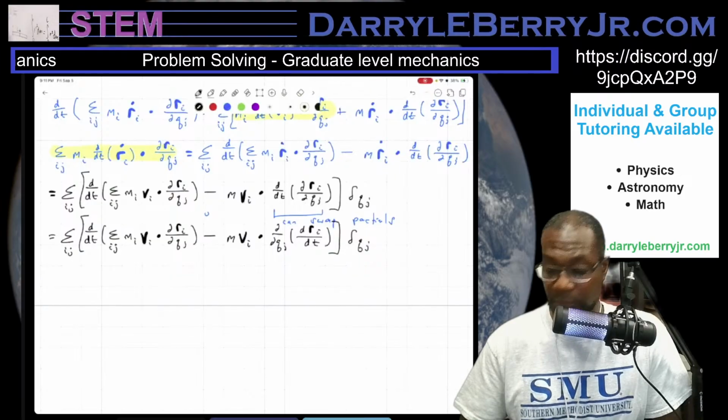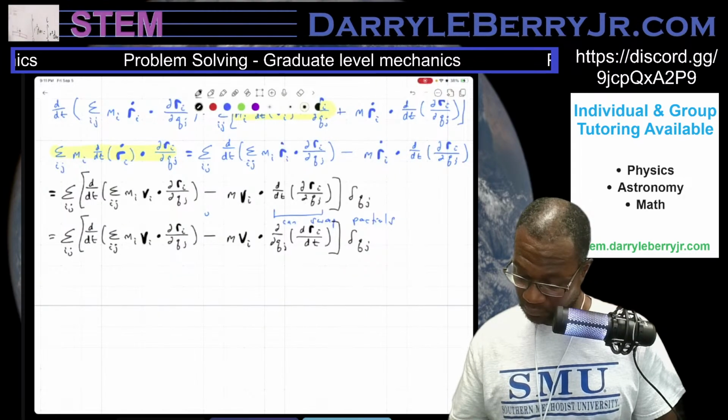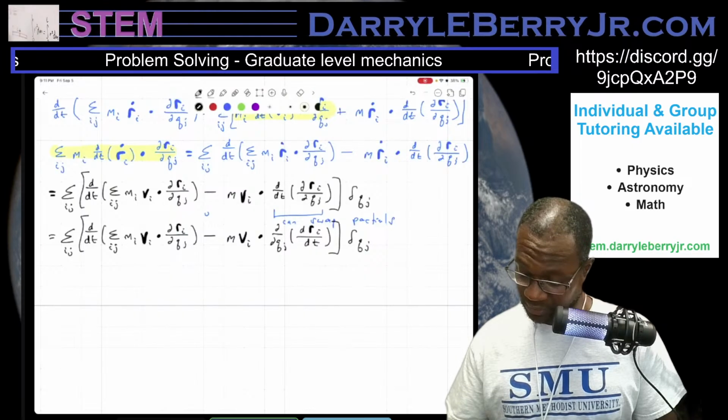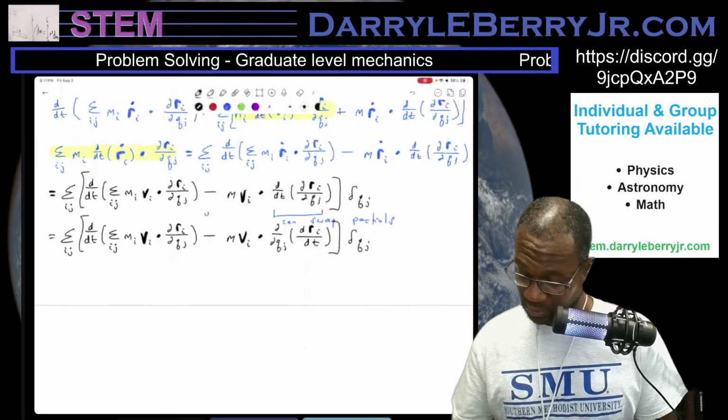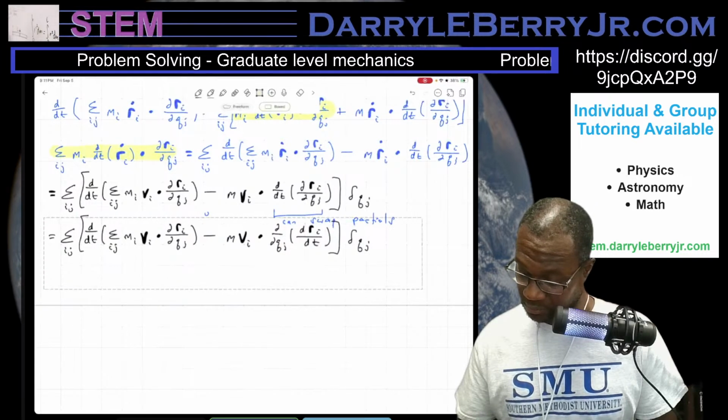And there's one more V I can do. That's a d of dt right there. And I'll actually just copy this down one more time.